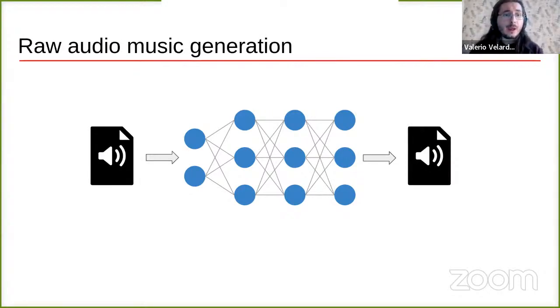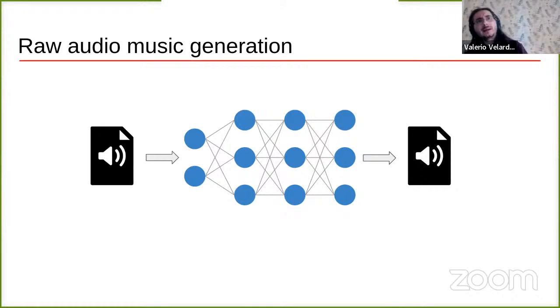Whereas if we are in the audio domain, we pass audio directly to a machine learning model, and then we expect audio on the output side. So you already get the music completely as a self-contained package, right?